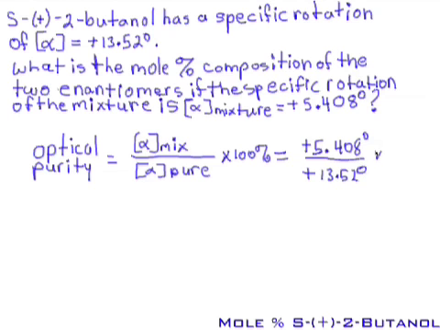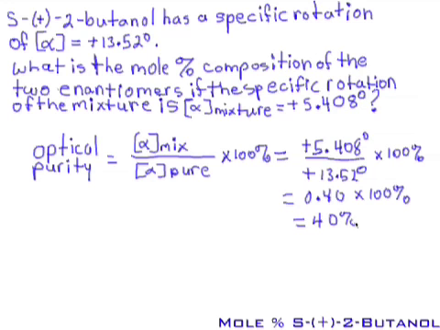And if I multiply that by 100%, 5.408 divided by 13.52, if you punch that into your calculator, you will find that it equals 0.40. And if you take 0.40 times 100%, you will get a value of 40%.